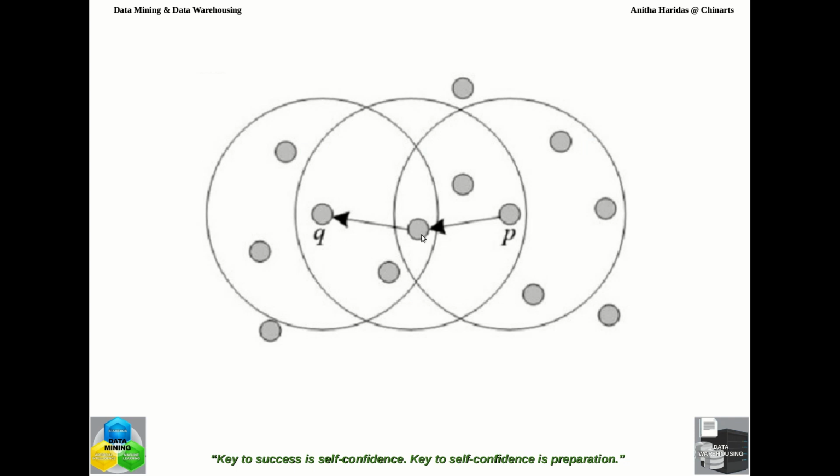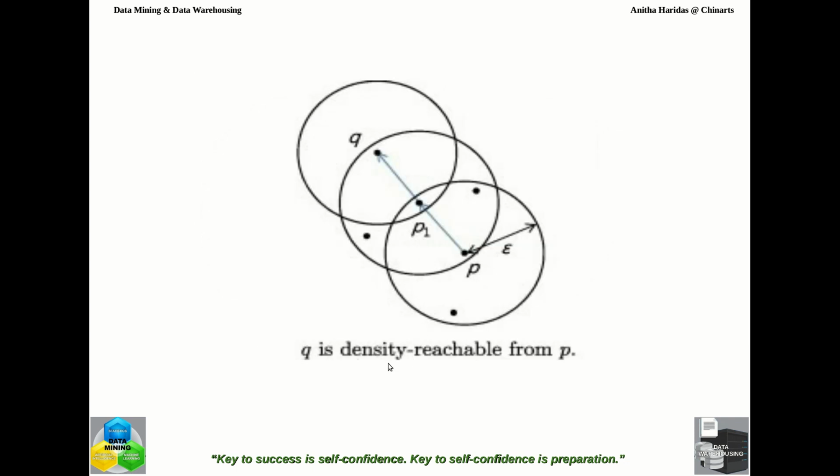So P2 is directly density reachable from P1, P3 is directly density reachable from P2, so I can say Q is density reachable from P. That is what it shows. Q is density reachable from P because P1 is directly density reachable from P, and Q is directly density reachable from P1. Therefore, I can say Q is density reachable from P.